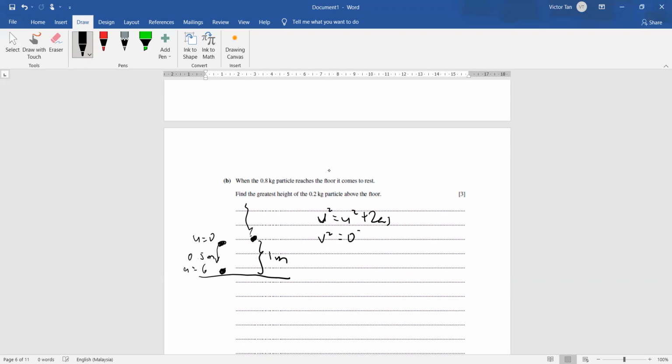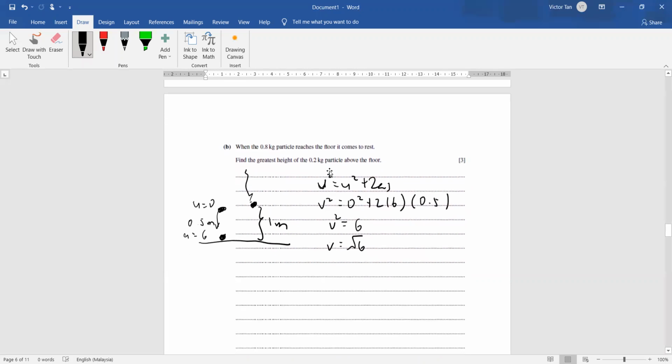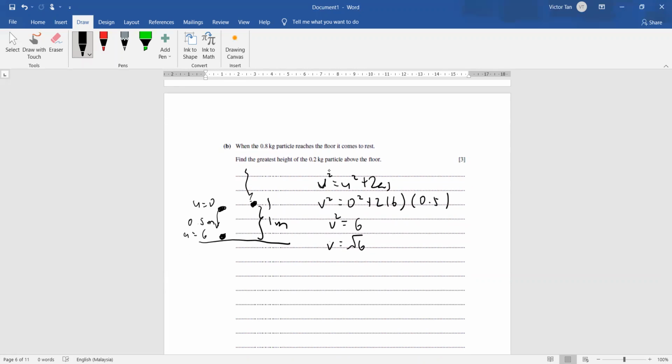V squared equals 0 squared plus 2 times 6 times 0.5. So V squared equals 6. V is square root of 6. So this is the speed of the 0.2 kilogram particle.